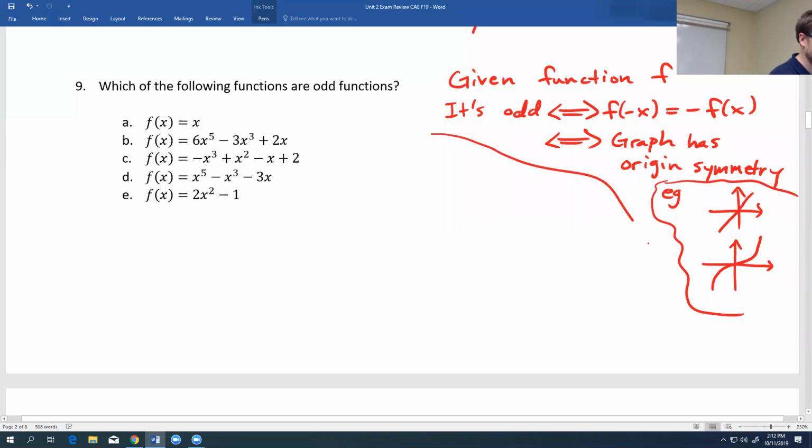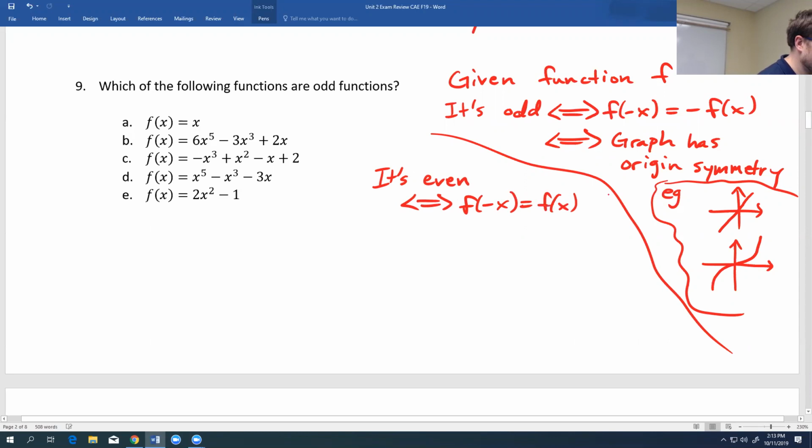And then it's even if f of -x is equal to f of x, or your graph has y-axis symmetry.